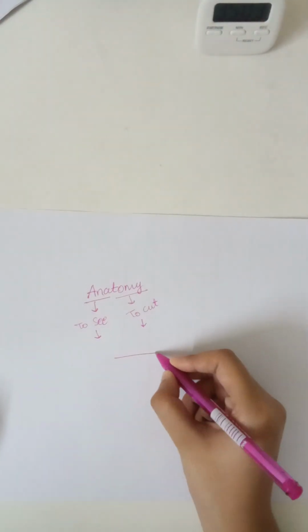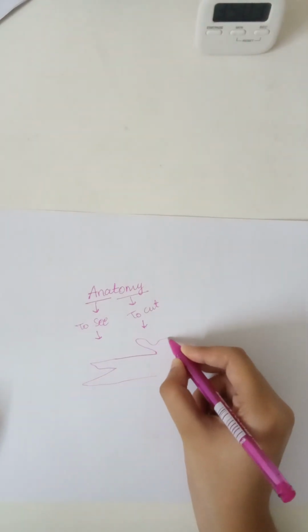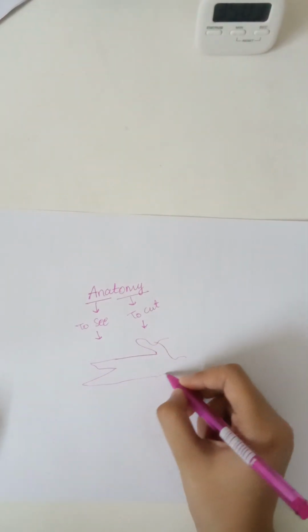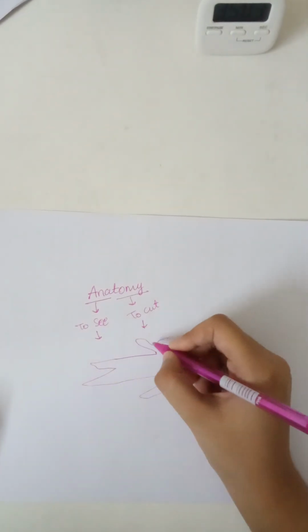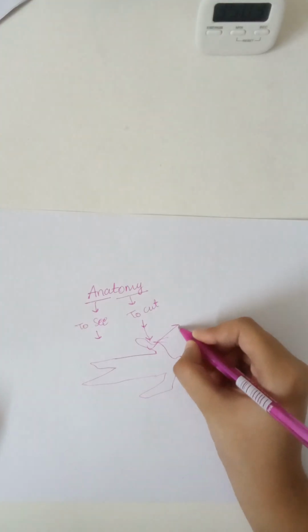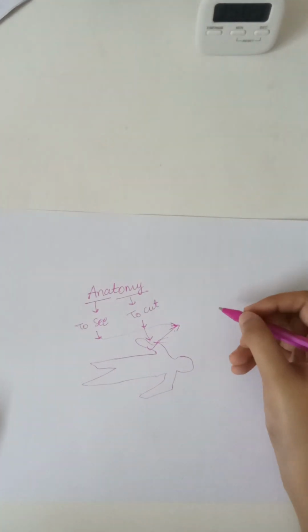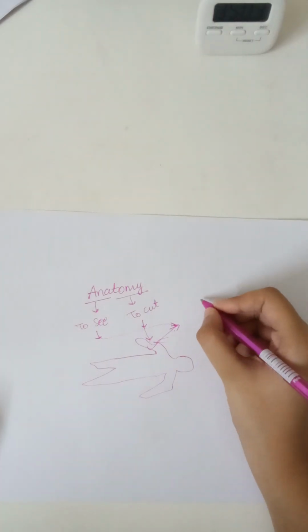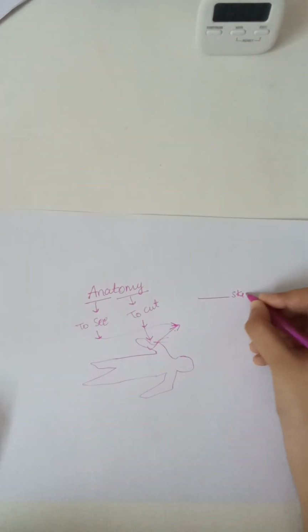When a body is placed like this and we dissect the body, which means we cut the body, we see layers. The first layer we are going to see is skin.